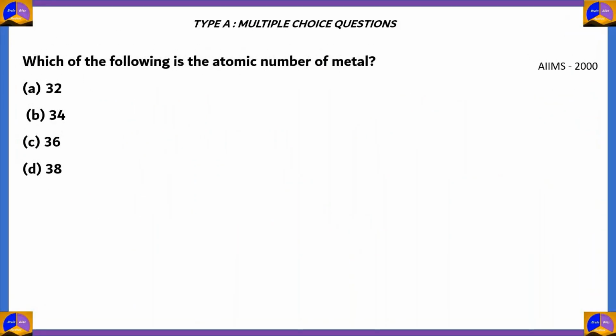Let's move on to this question. Which of the following is the atomic number of a metal? We're given the atomic numbers 32, 34, 36, and 38. So it helps to write the electronic configuration. For 32, we'll write the electronic configuration 1s2, 2s2, 2p6, 3s2, 3p6, 4s2, 3d10, and 4p2.